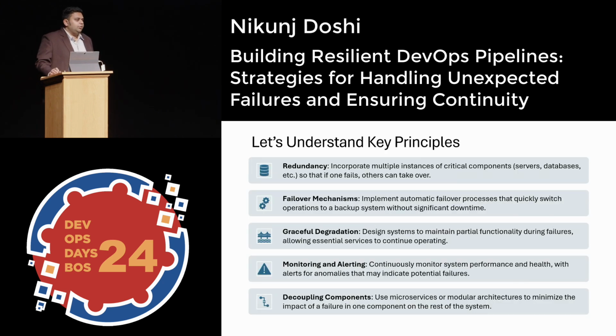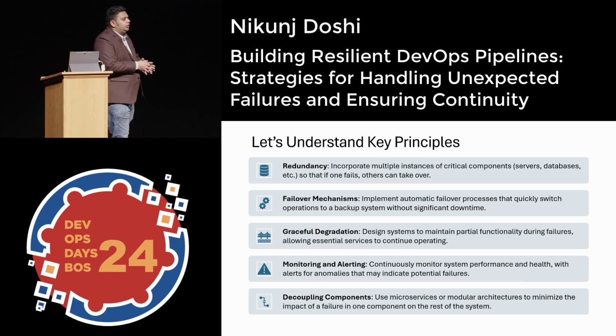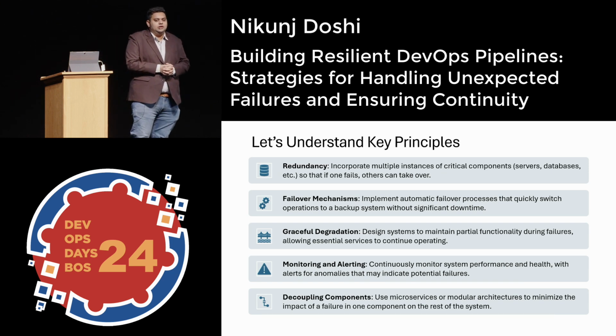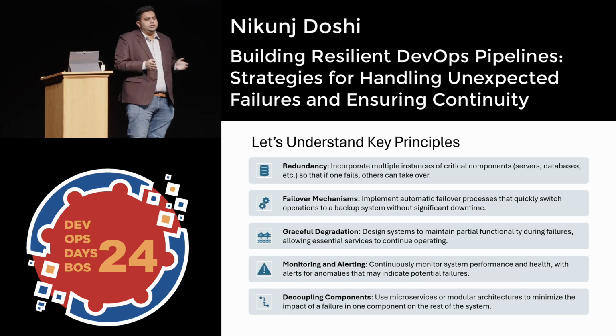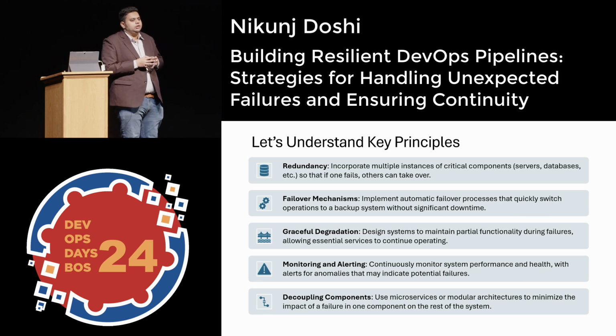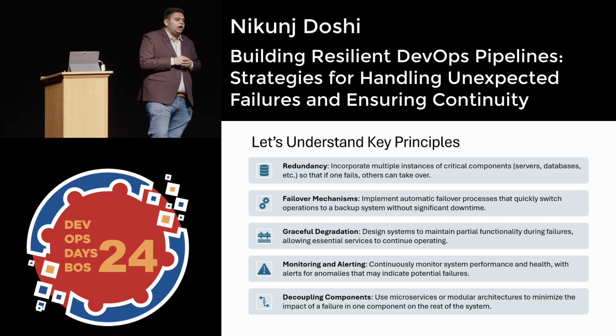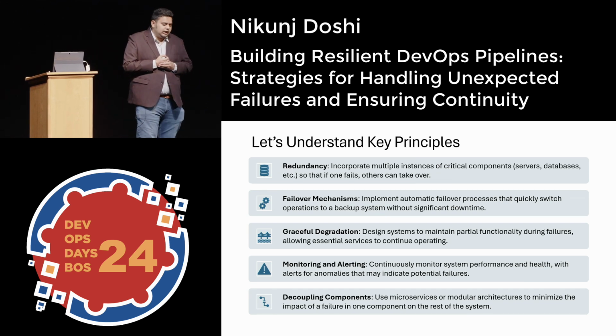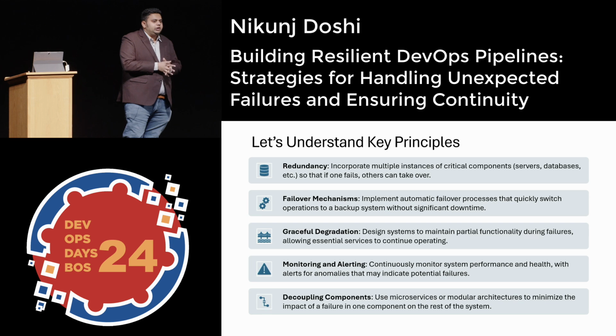So let's understand some of the key principles. Most of us are engineers, and even so, we still have to understand the theory, because it is helpful. When it comes to redundancy, we always try to invoke multiple instances.